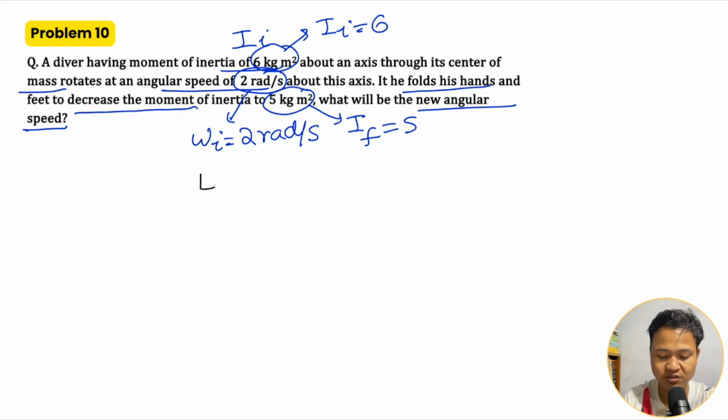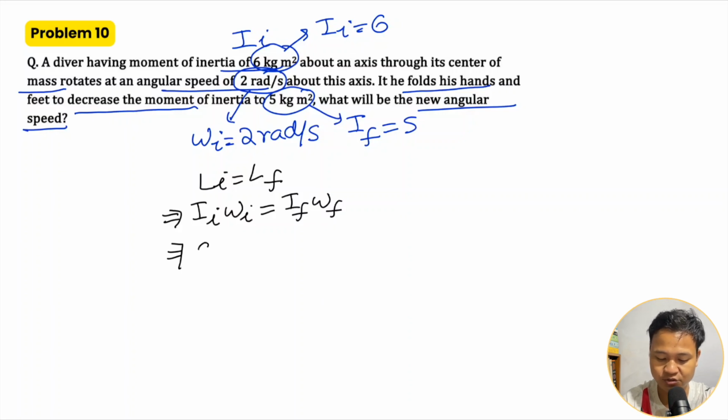So, conservation of angular momentum. L final equals L initial. I initial omega initial equals I final omega final. So I initial is 6, omega initial is 2, I final is 5 into omega final.